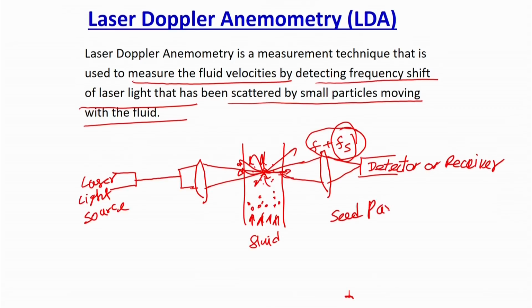So, these are seed particles, and these seed particles are nothing but the marker of the phase whose velocity you want to track.